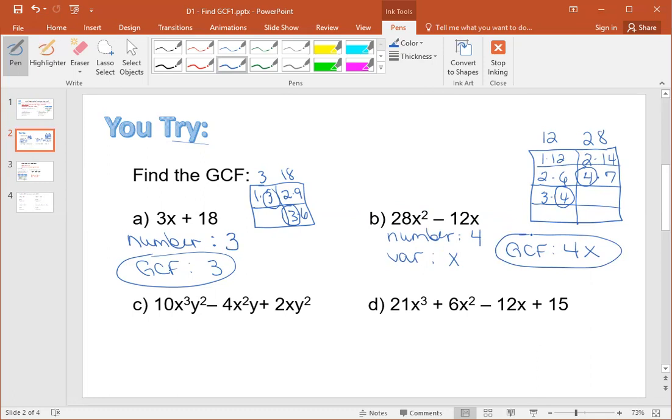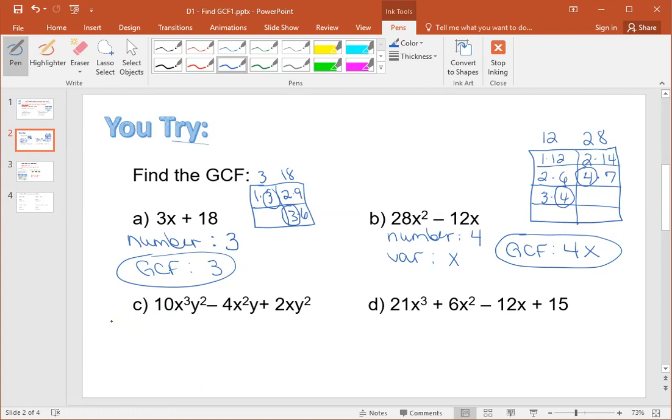Okay. All right. In C, it's the same thing. We just now have another variable, another y. Okay, so I have a 10, a 4, and a 2. All right, well, the biggest number that it could be is 2. Okay, and that's because this is the smallest number I'm dealing with.